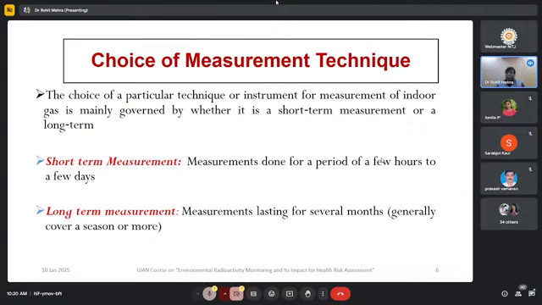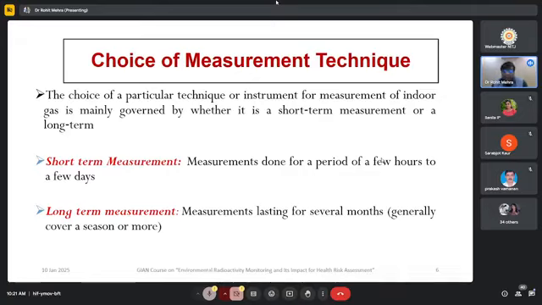Now, there are some other things which you should consider while going for different types of measurement techniques as a researcher: whether I should go for a short-term measurement or a long-term measurement. Short-term measurement means you can use some active detectors at some particular places and do the analysis, and the results are available within hours or within very few days.